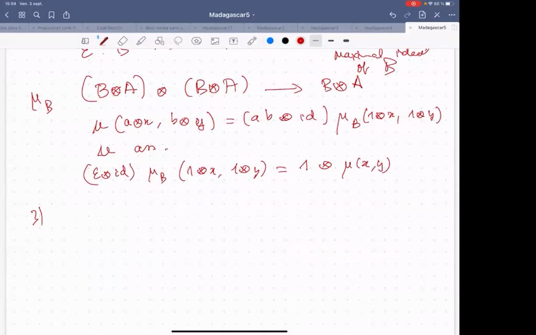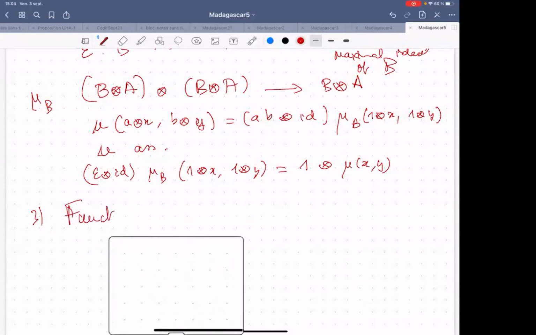Now, maybe the last: there is also a functorial point of view to do deformation.